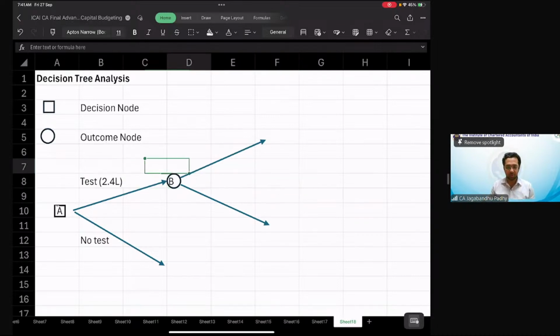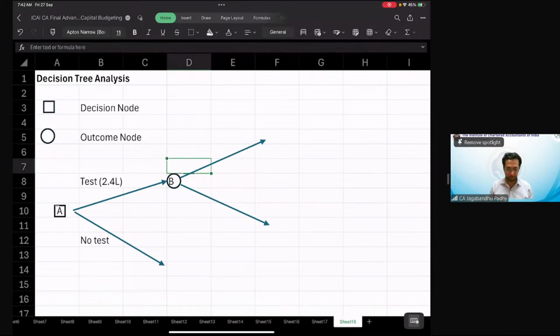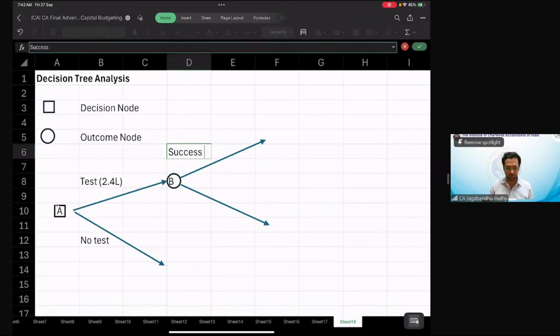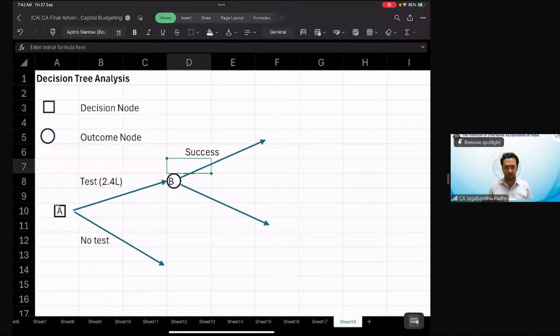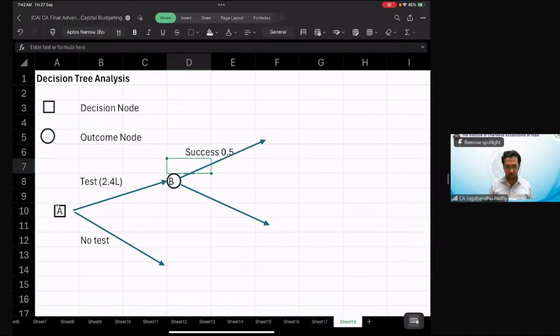If it turns out to be successful, what is the next course of action? Of course, success means we are talking about a probability of 0.5.